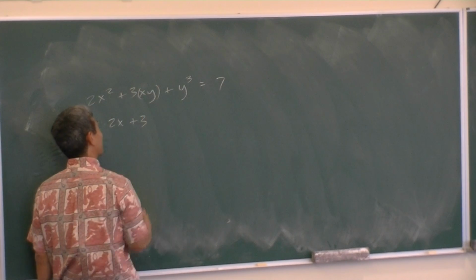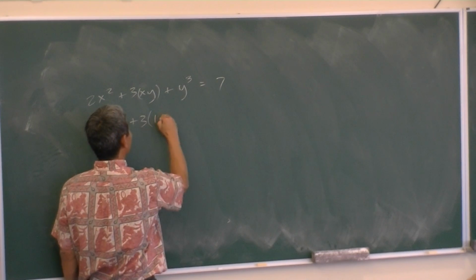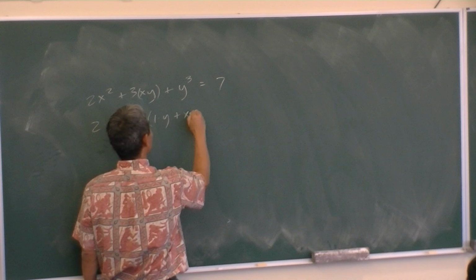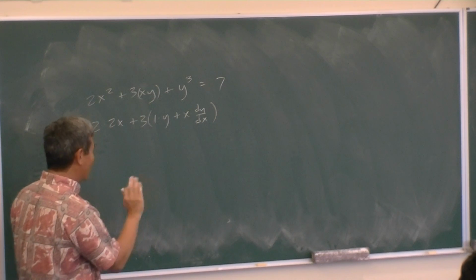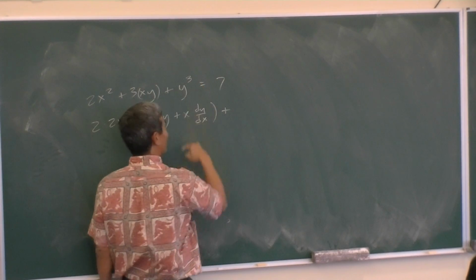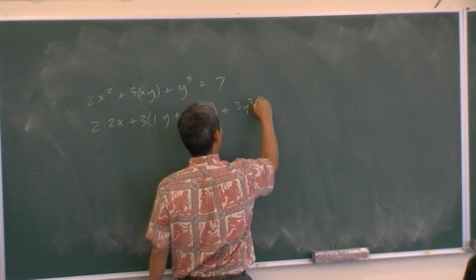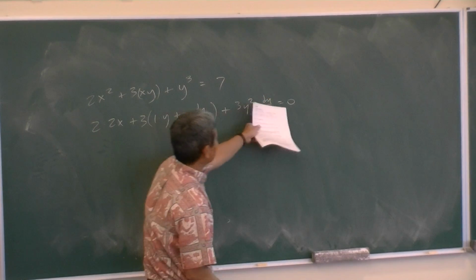Throw it on the side like an unwanted pet, and then you have a product. You got to use the product rule. Derivative of the first, leave the second one alone. First one alone, derivative of the second. And you can write either y prime or dy dx. It doesn't matter. Okay, I see box cubed here. 3 box squared times the derivative of box. And of course, the derivative of 7 is 0.